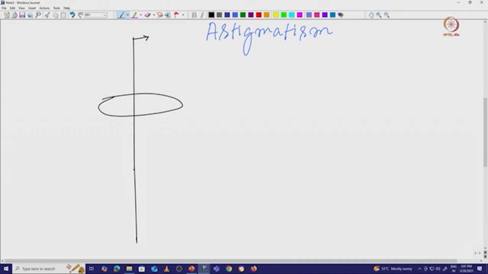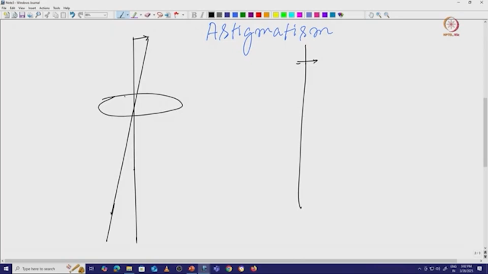The rays go through the center and form an image, which we are going to draw here. Previously, we tried to keep these things in the center, but here there is some kind of deviation, and that is what we are going to point out.